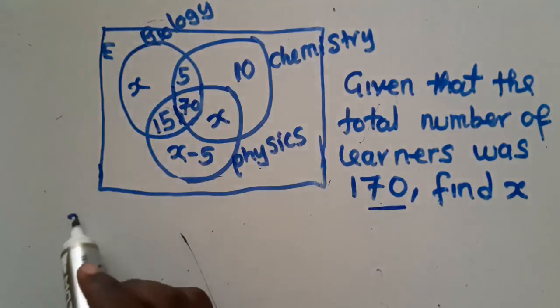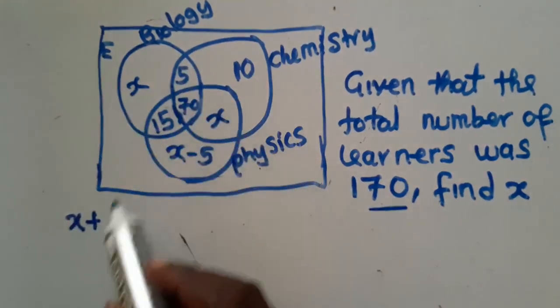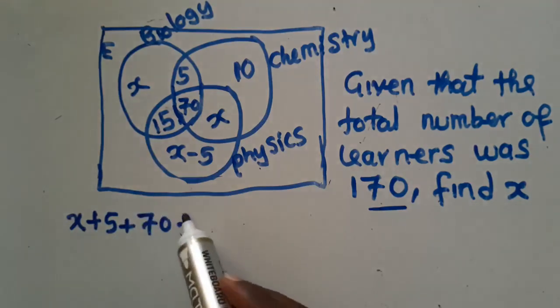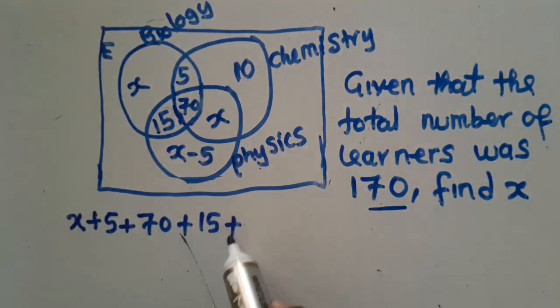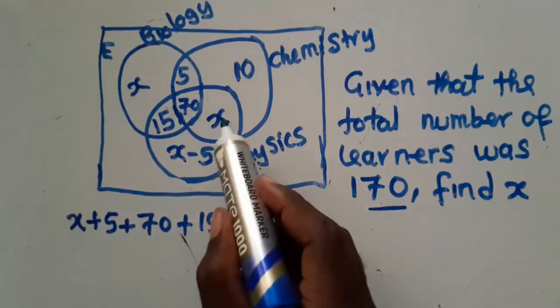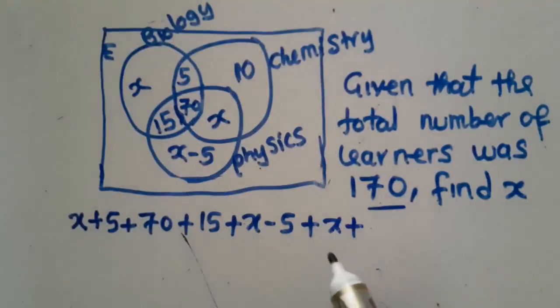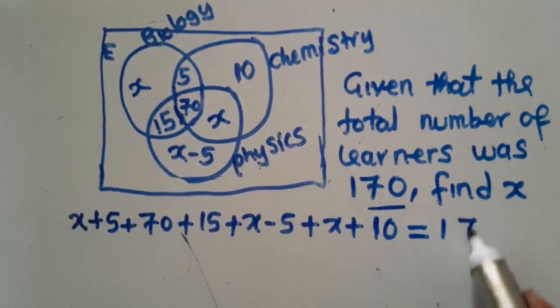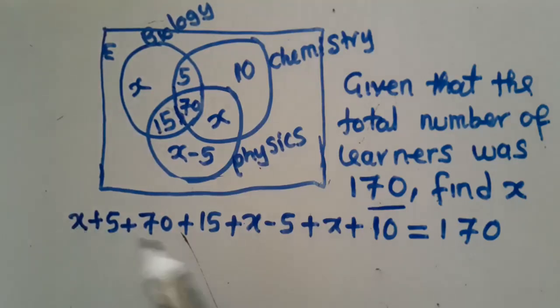So you say x plus 5, I'll start with biology, plus 70 plus 15 plus x minus 5 plus x that is there plus the 10 that is there, then equates to 170. So x plus x, 2x, plus x, 3x. So you get 3x like this.